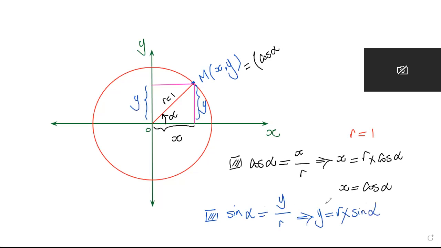Because r is 1, y is the sine alpha. As a result, this flying mosquito can be written as (cosine alpha, sine alpha). At any point of time, the counterclockwise moving M can be identified just by these two ratios instead of x and y. That was what we discussed so far.